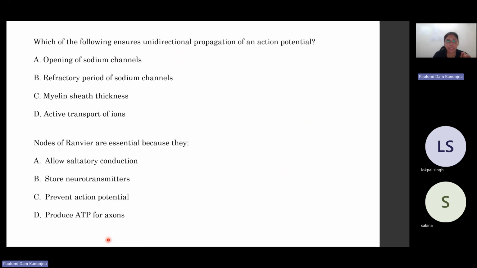Okay. All right. This is about propagation of the action potential now. Which of the following ensures unidirectional propagation of action potential? And the second one is, we have nodes of Ranvier, which we know are in the non-myelinated zone. What are they essential for?